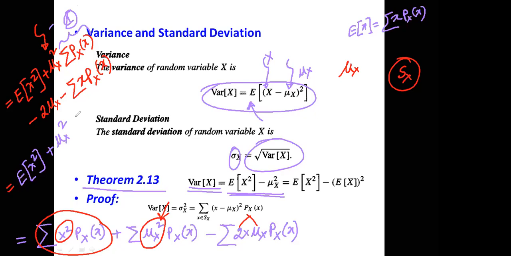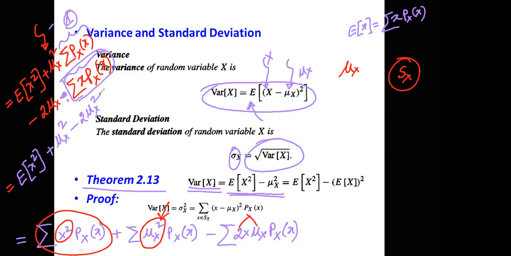And then actually this is not minus 2 mu x minus, this is into. So minus 2 mu x, what is this one? Summation of x p(x), this is the mu x, do you agree? So mu x into mu x comes mu x square.